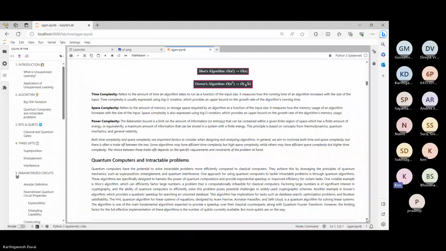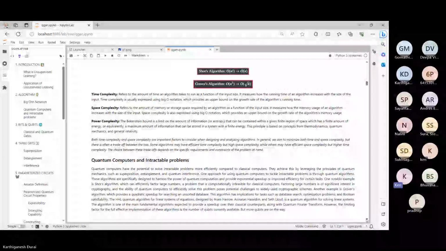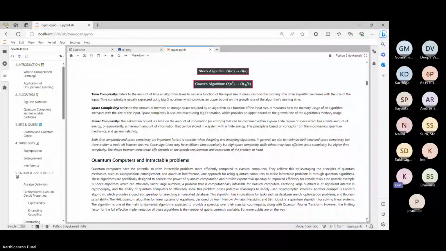One approach for using quantum computers to tackle intractable problems is with quantum algorithms. And as I mentioned here, we have Shor's, we have Grover's, but there's others as well. For example, HHL, the quantum algorithm for linear systems. Solving matrices is a big issue for classical computers because, again, they tie up so much resource in it.